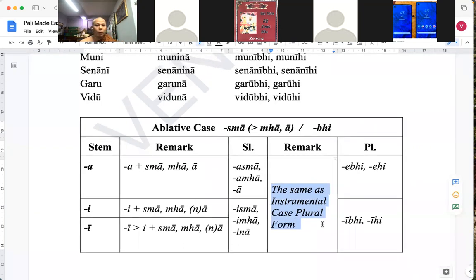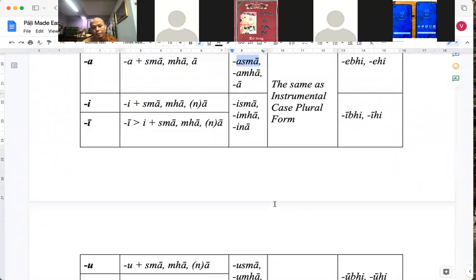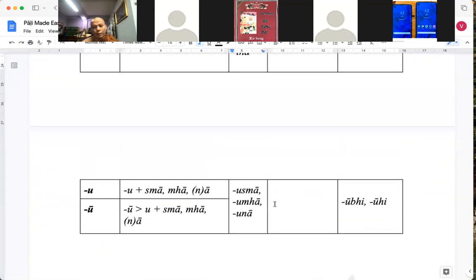But the singular is primarily sama. So the ablative case sign is primarily sama. For the singular, to the stem sama is added. That is asama.